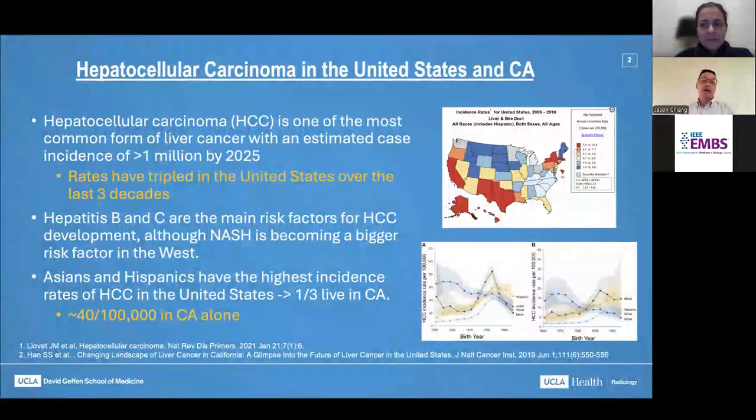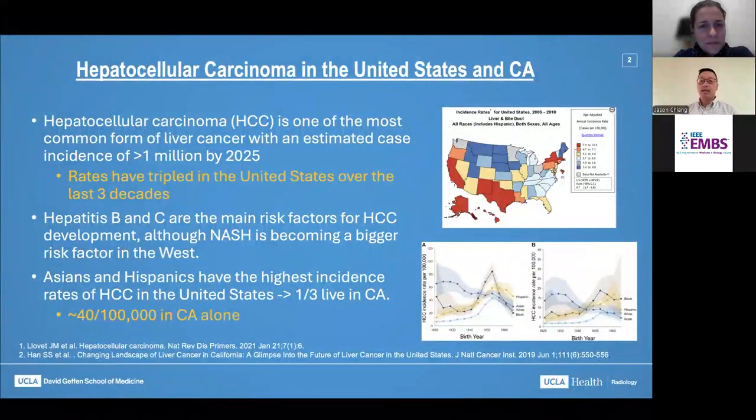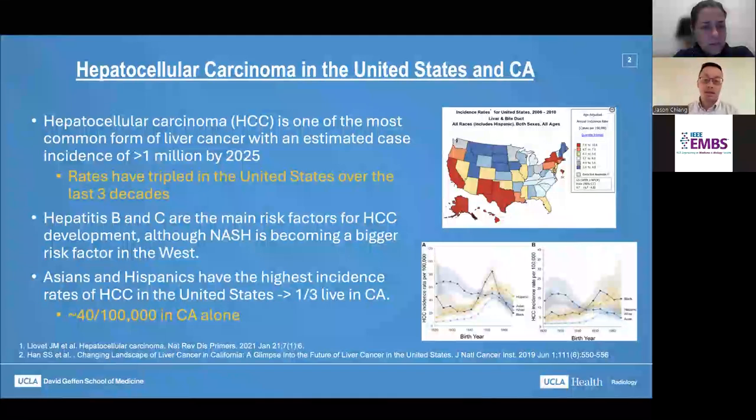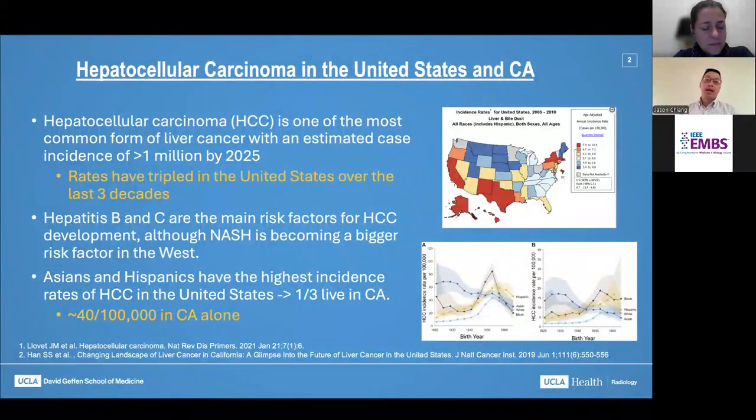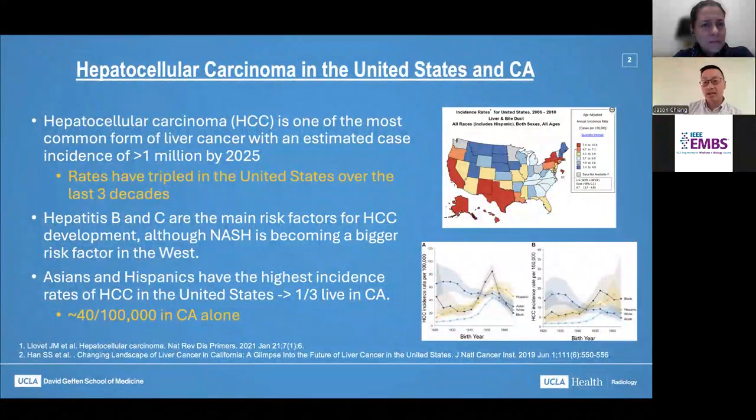I guess in Los Angeles itself, where there are a lot of Hispanics and Asians, those people have a higher risk for developing fatty liver disease, and subsequently a higher risk for developing hepatocellular carcinoma. And so that's why at UCLA we have a very high risk patient population, and that gives me a unique insight into seeing what's the best treatment for these kinds of patients.